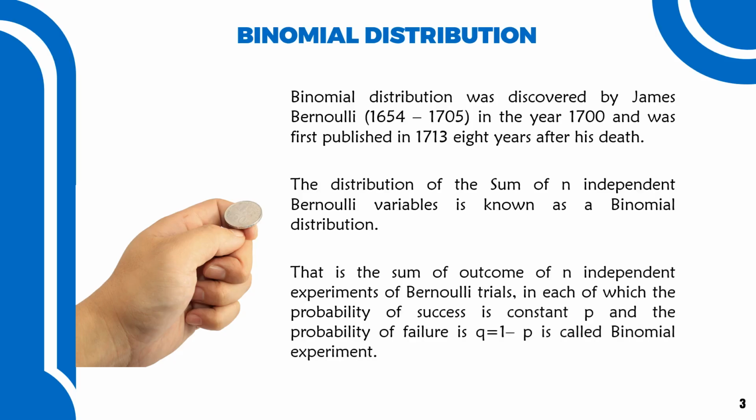That is, the sum of outcome of n independent experiments of Bernoulli trials, in each of which the probability of success is constant p and the probability of failure is q equal to 1 minus p, is called binomial experiment.